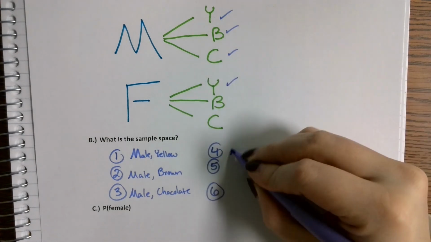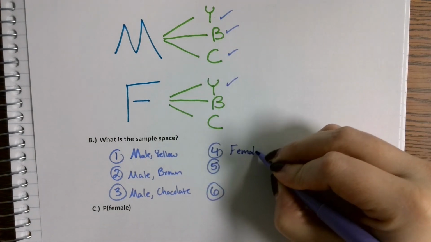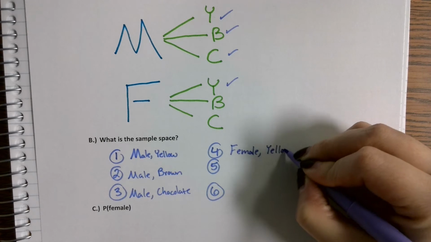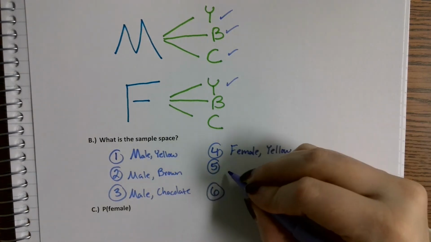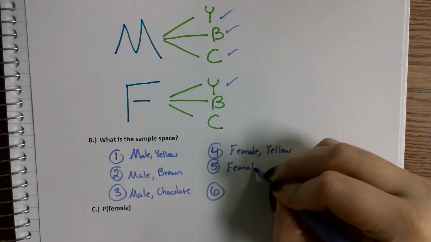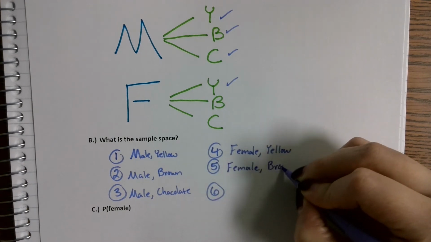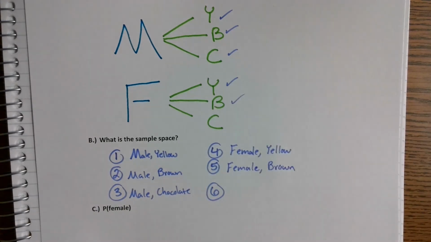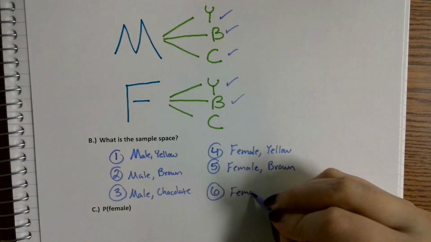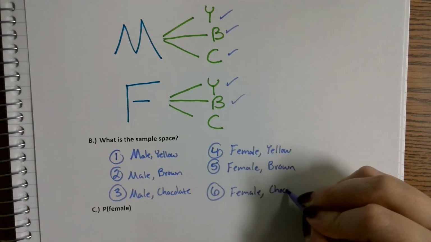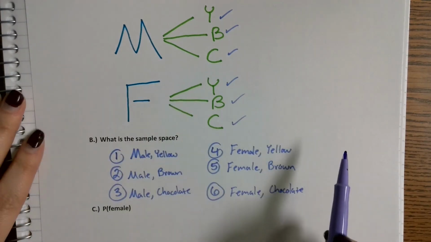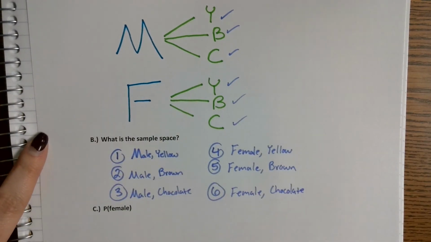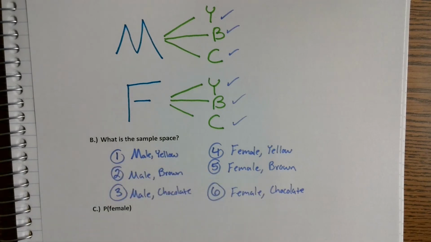Very good. So we have female, yellow. Female, brown. Good. And then the last option? Female, chocolate. Okay, so there's our tree diagram. There's our sample space. These are all the possible outcomes that we could get.